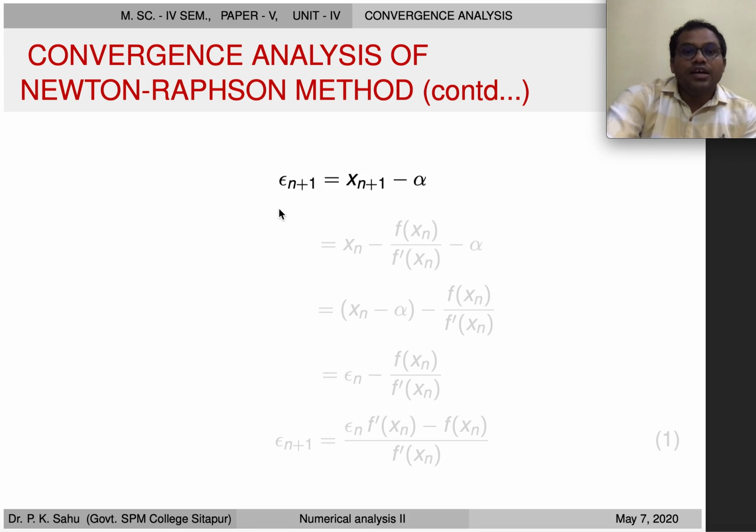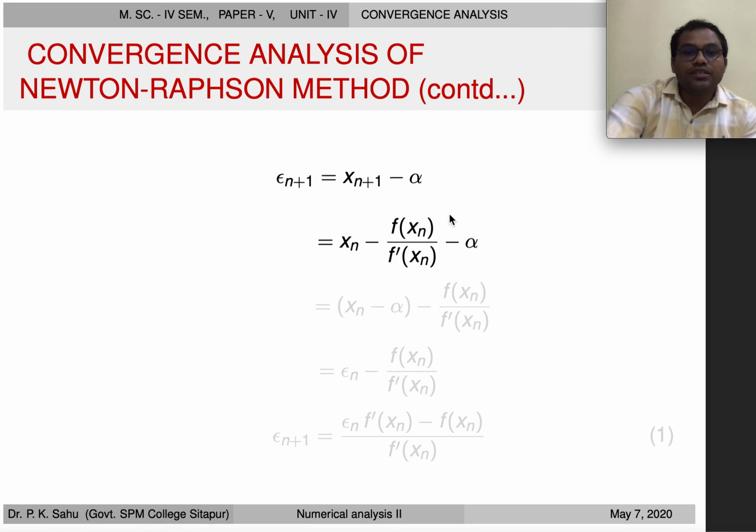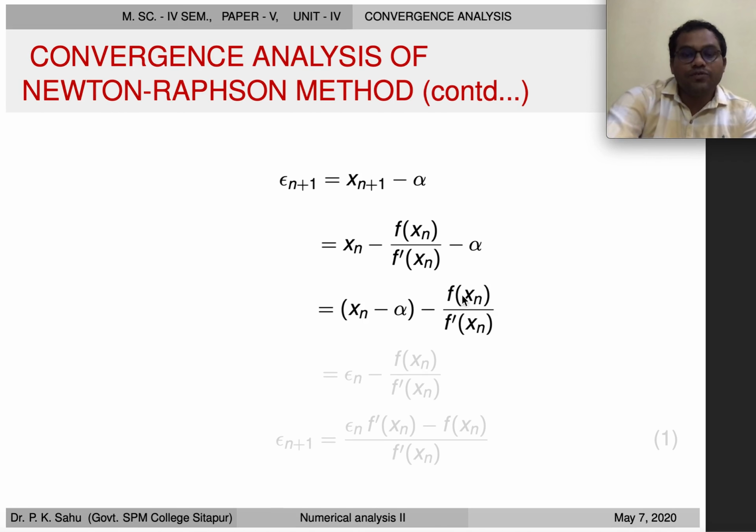So the error at the n plus 1th approximation is equal to xn plus 1 minus alpha. As we discussed the Newton-Raphson method in lectures 3 and 4, we know the formula for the Newton-Raphson iteration is xn plus 1 equal to xn minus f of xn divided by f prime of xn, and minus alpha. Now we can write it as xn minus alpha minus f of xn divided by f prime of xn.